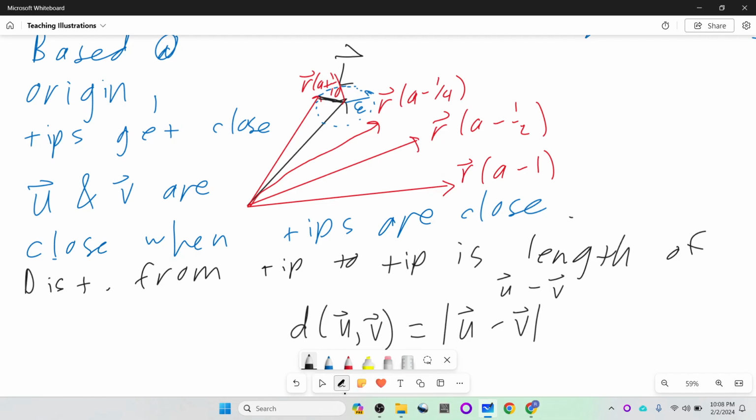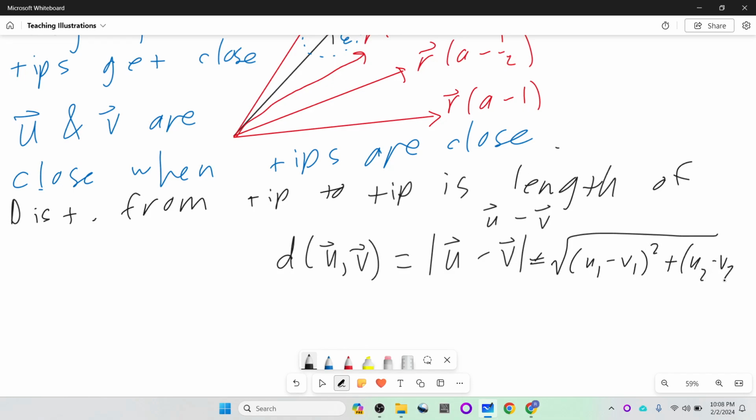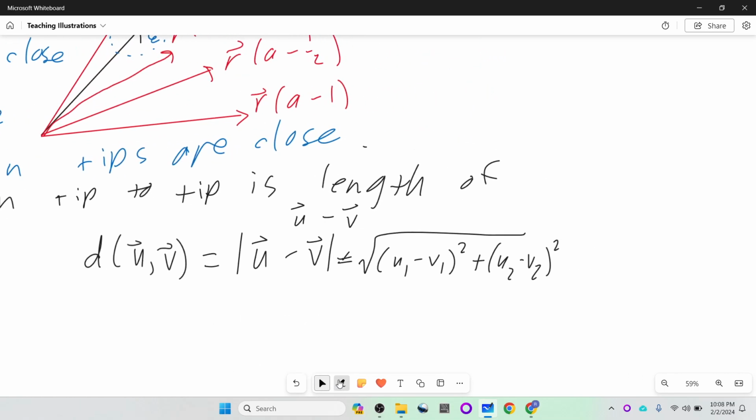But we have our way of measuring length, which, let's just spell it out here, would be the square root of u1 minus v1 squared plus u2 minus v2 squared plus u3 minus v3 squared.